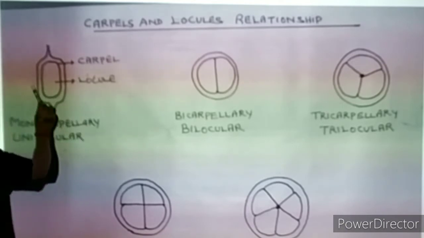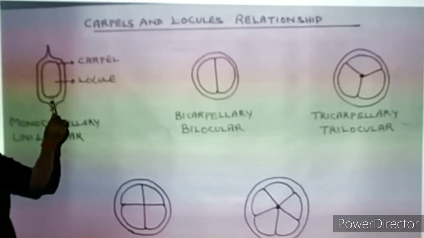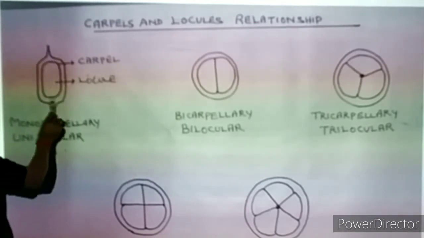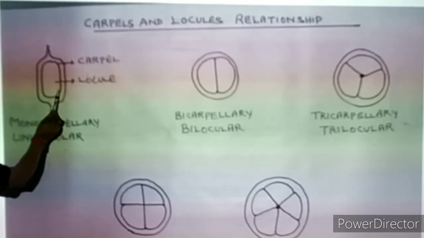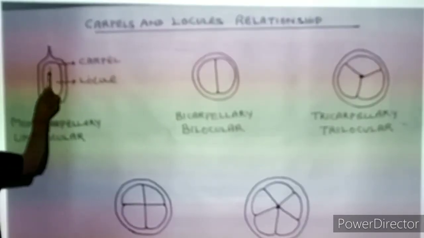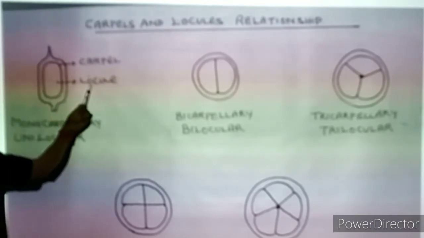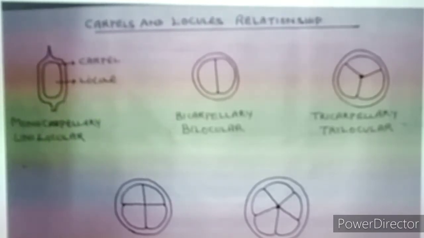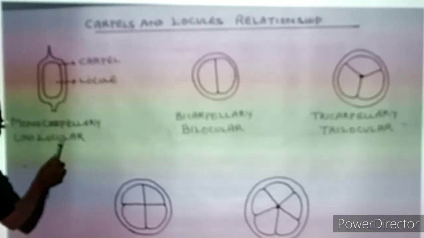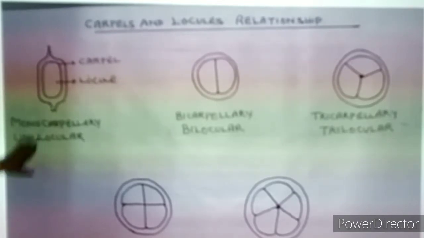Now we will take this ovary, the outer wall. Here one carpel is there, normally green in color. It is enclosing only one wide cavity, called a locule. So one carpel, one locule. Monocarpellary unilocular ovary. By seeing the picture itself, we can say monocarpellary unilocular ovary.